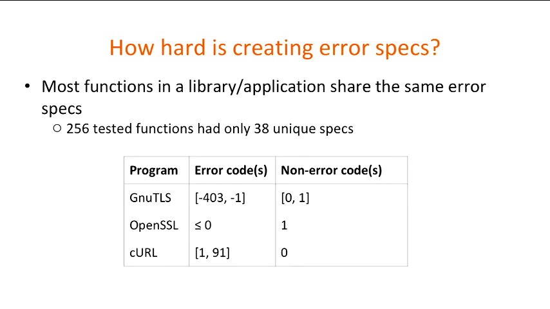Usually they just return some kind of macros or enums, and that's how we can easily figure out what kind of error codes a function can return. In fact, we created error specifications for 256 functions, but there are only 38 unique specifications. And the table shows for some of the programs some of the common error conventions that we saw.